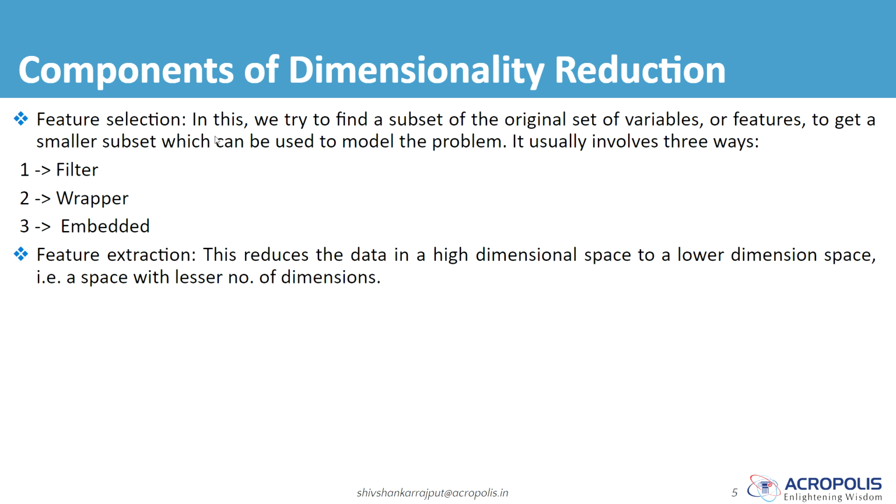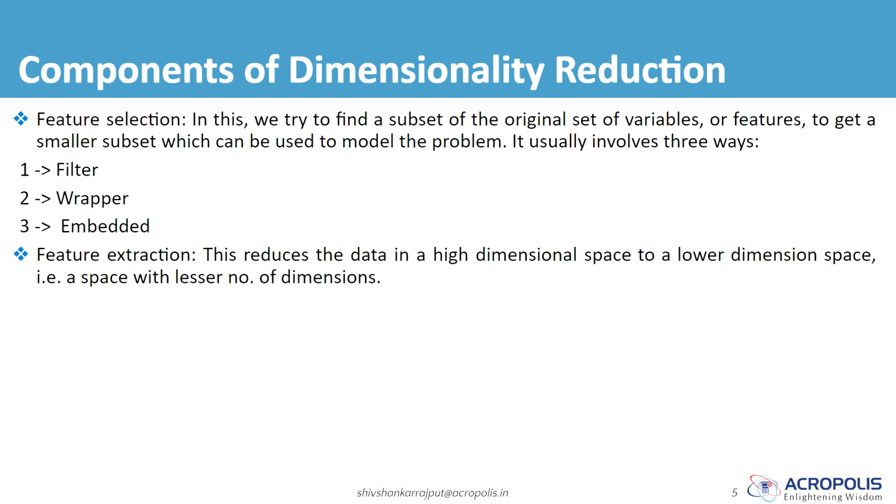Now, components of dimensionality reduction. Dimension reduction has two components: feature selection and feature extraction. In feature selection, we try to find a subset of the original set of variables or features to get a smaller subset, which can be used to model the problem. It usually involves three ways: filter, wrapper, or embedded.